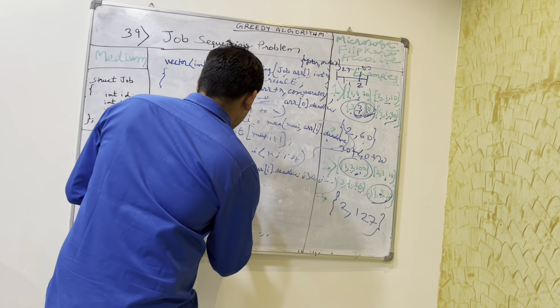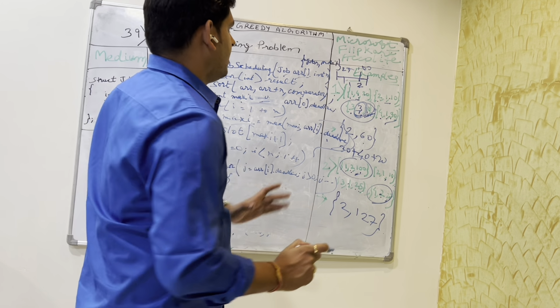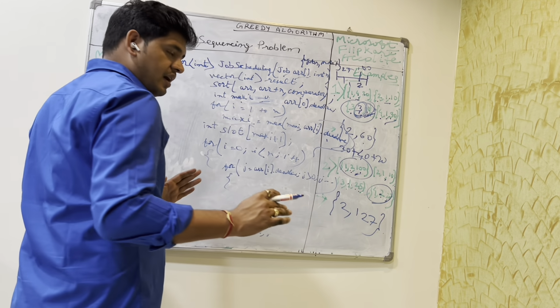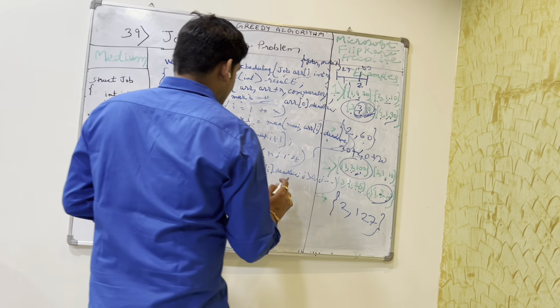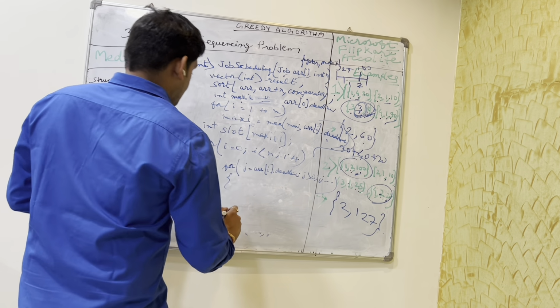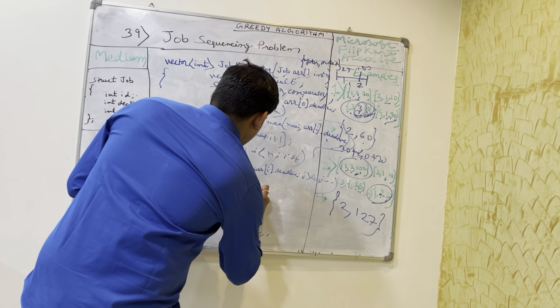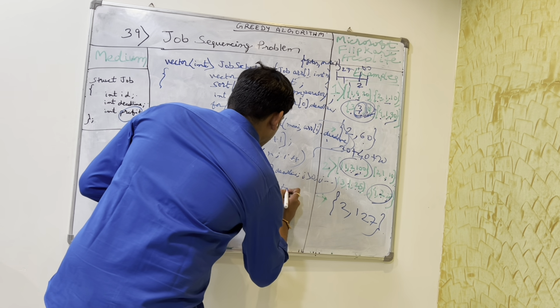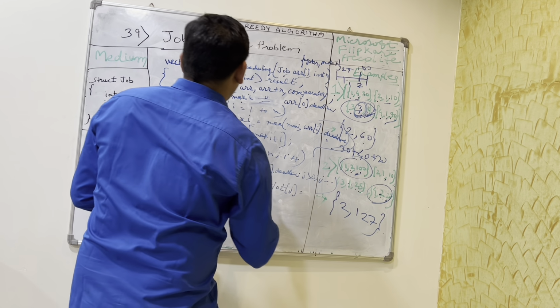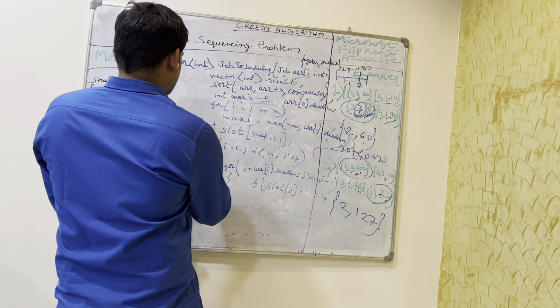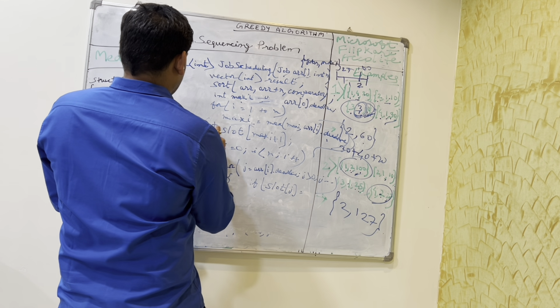We'll fill up the last slot as long as it is available, so that we can do other tasks whose deadlines are closer. Now we will say if slot of j. We will make a vector of int and name it slot.